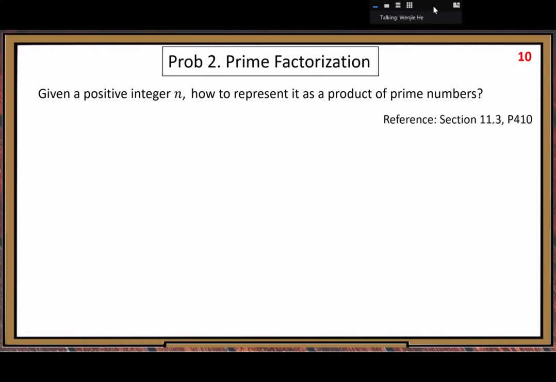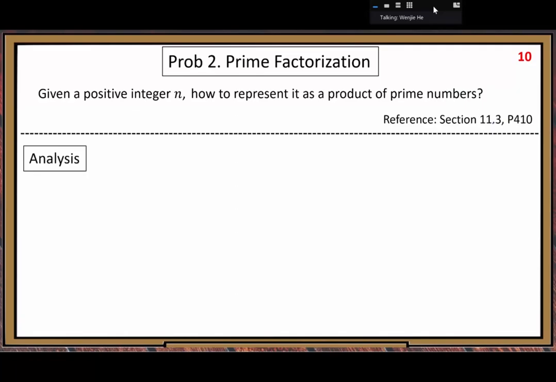I select this topic from section 11.3. It's a very late section, but because we can understand it easily, I select this topic. And remember in the first class, I mentioned I will give you an optional project. This topic is the first half of that optional project.